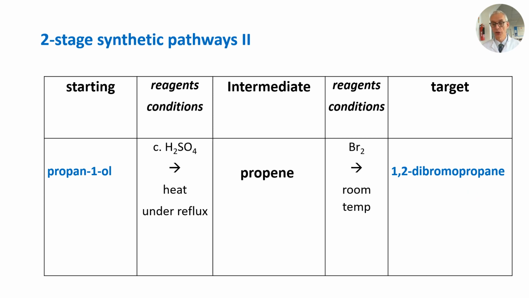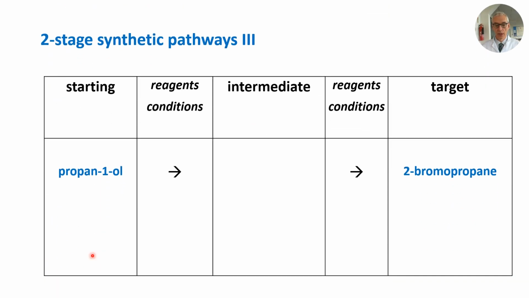Correct your solution if you haven't followed that pathway. Okay, let's move on to problem number 3. Again, starting with propan 1-ol, how can we form 2-bromopropane? Pause, write your own solution, come back to check. Okay, I'm about to reveal my answer.